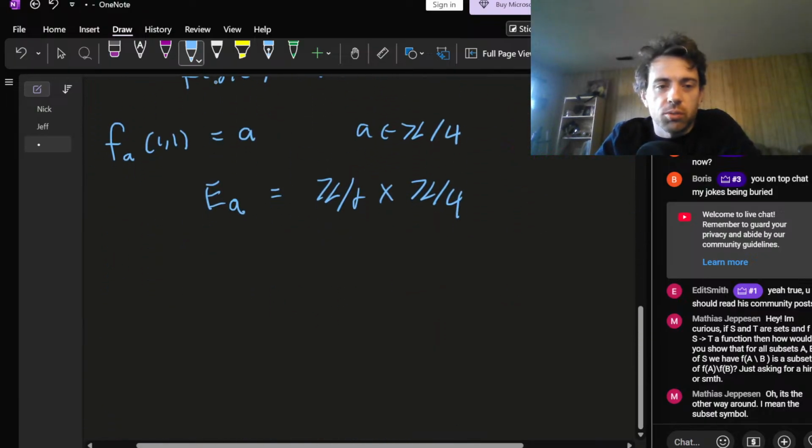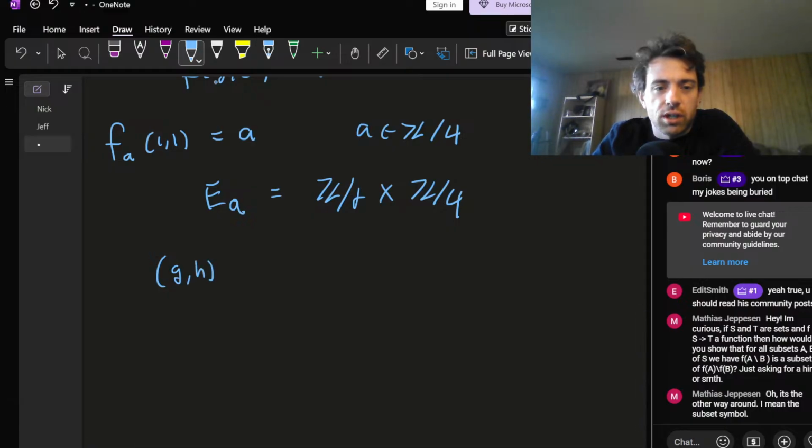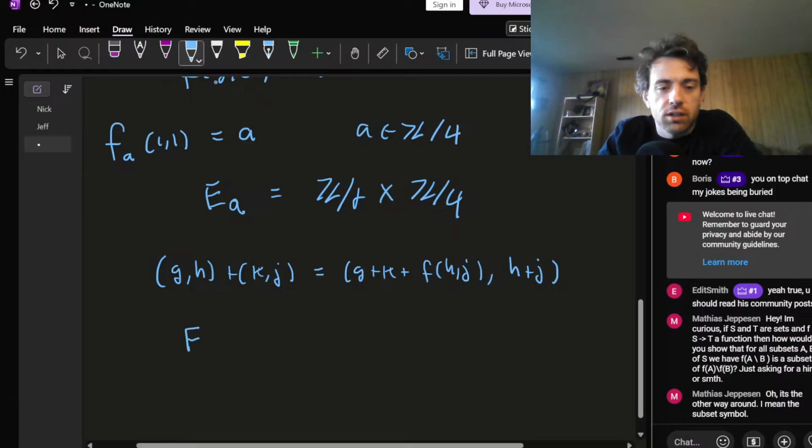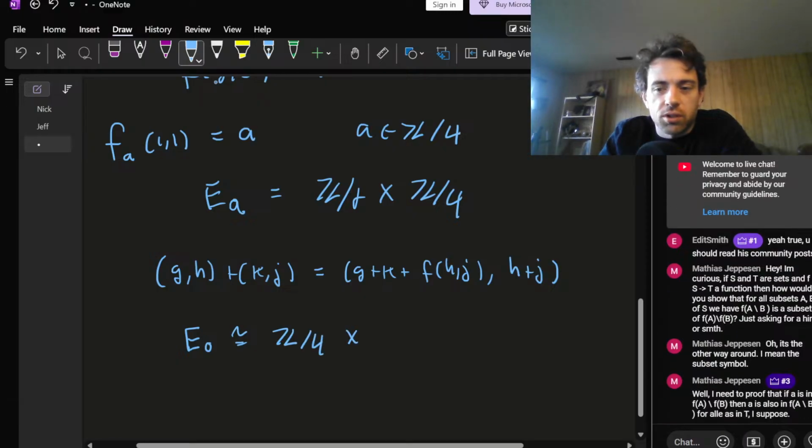And so this should actually be the example of (g, h) plus (k, j) being equal to (g plus k plus F of (h, j), h plus j). And so we can see right away that E0 will simply be the direct product of Z mod 4.